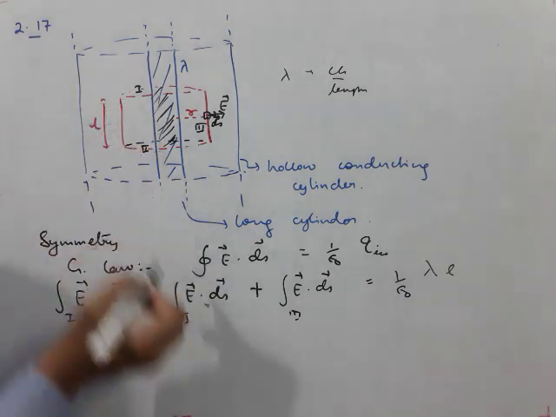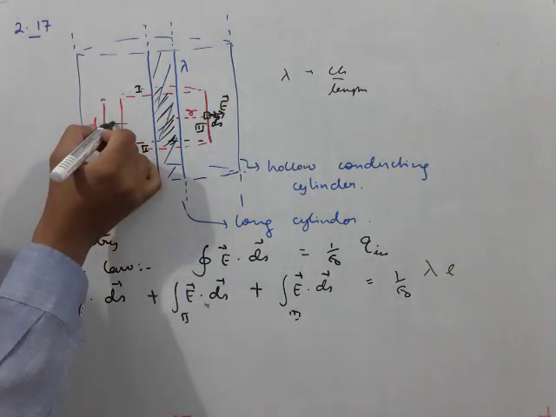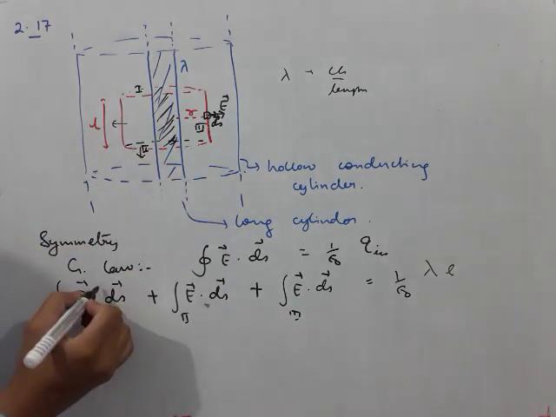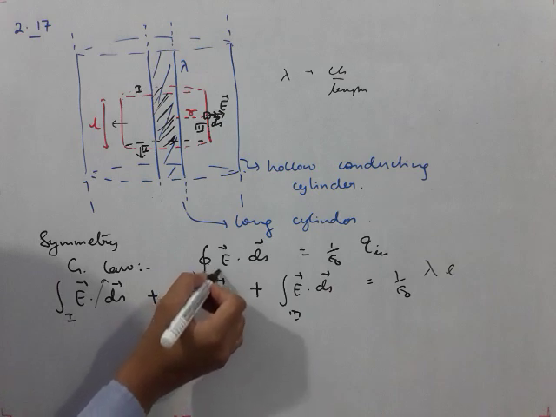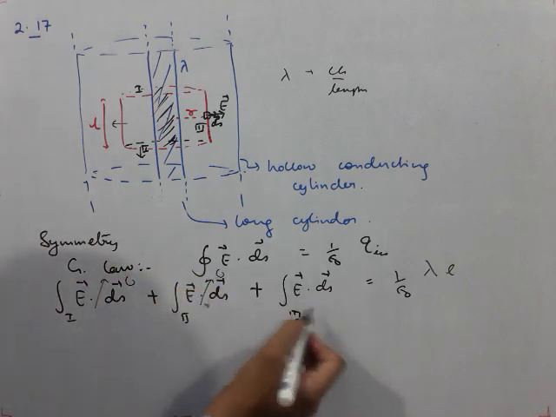In region 1 and region 2, the electric field vector will be perpendicular to ds vector, and therefore the dot products will be 0. So the only contribution will be from region 3.